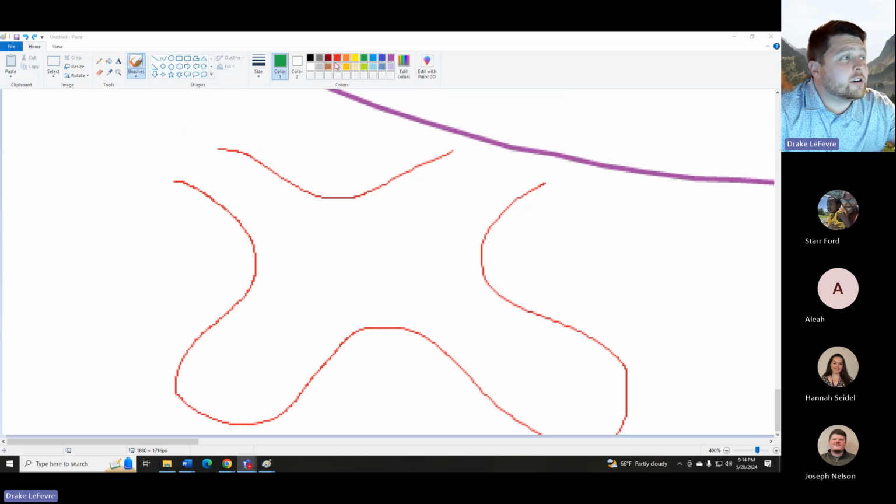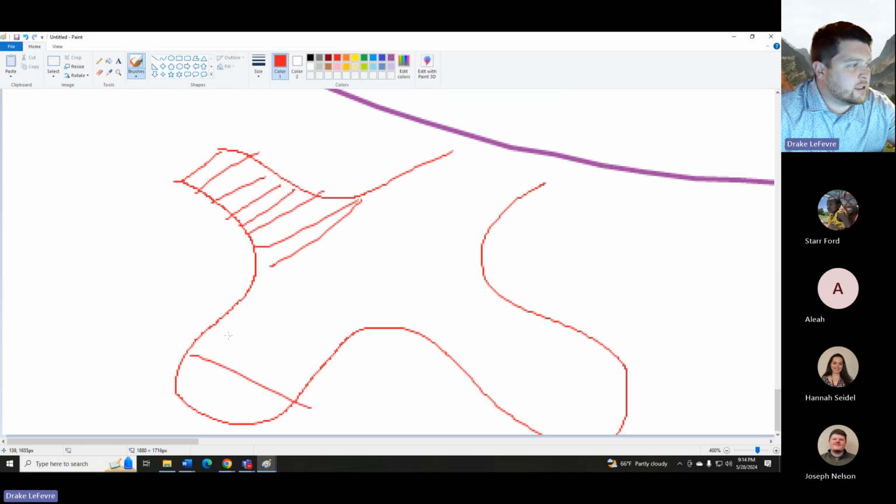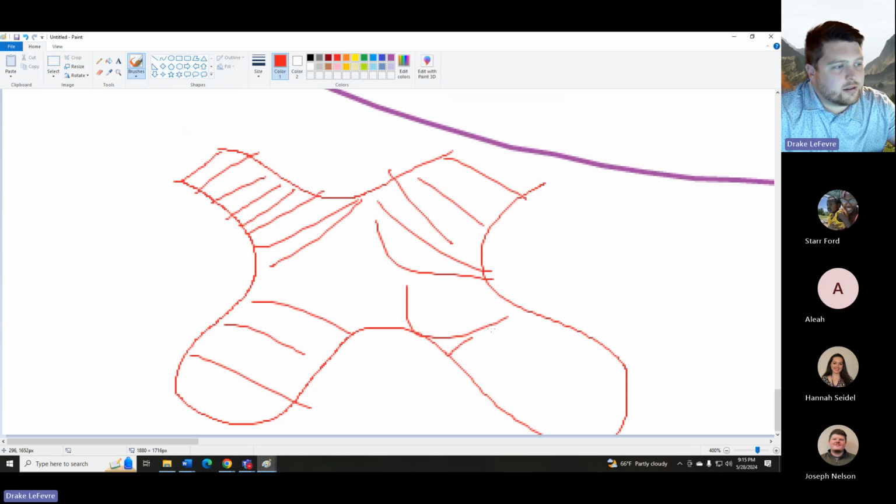In the future, when you take neurology, you'll learn that there are 10 different layers all the way through here that process this, and it's all split up into different layers. This is called Rexed's lamina, and there are 10 on each side.